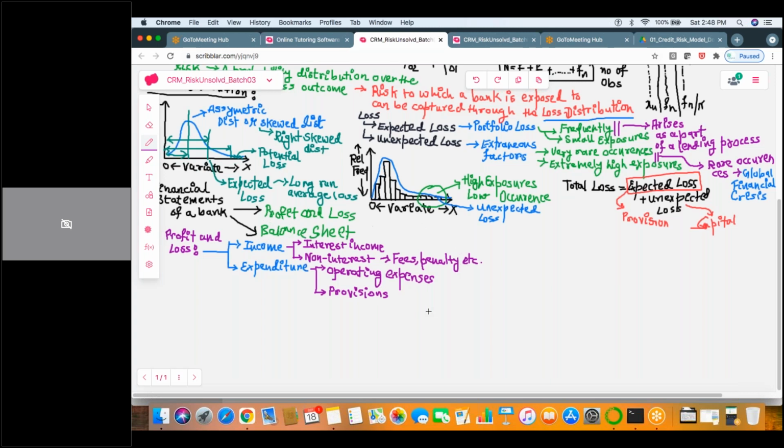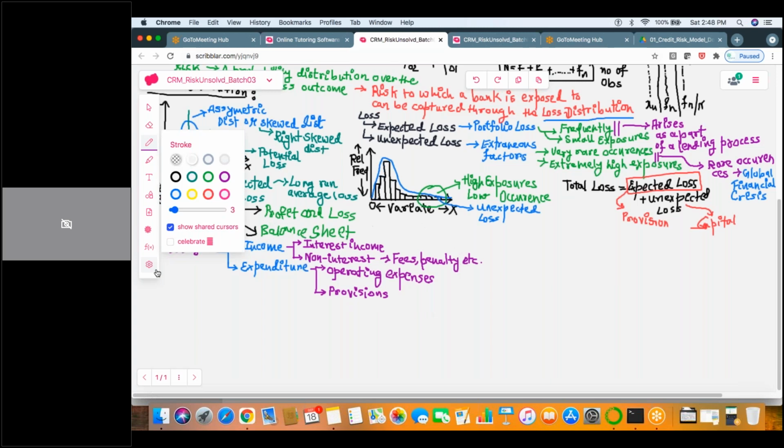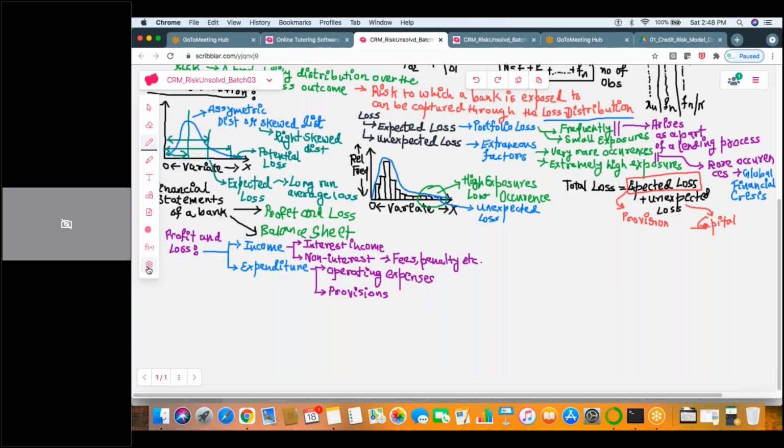Now comes the next part, which is the balance sheet. So the next question that comes up is, what exactly is the balance sheet?